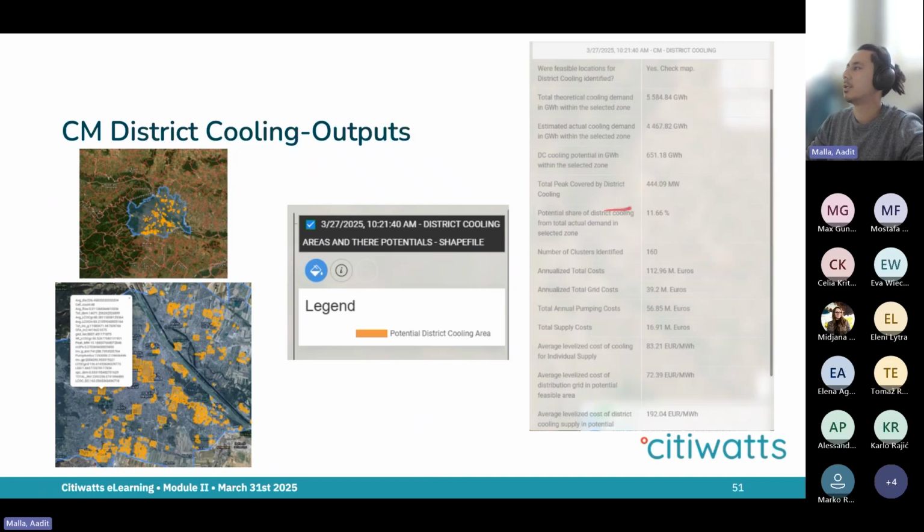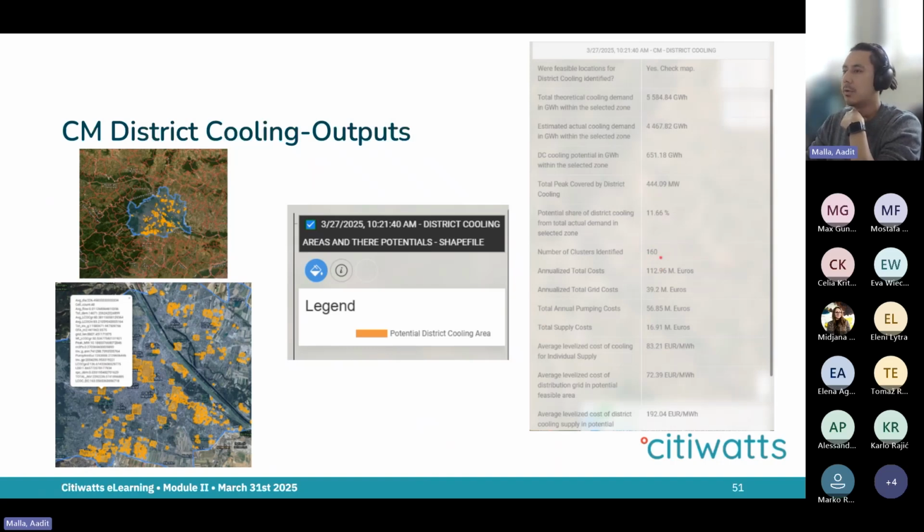On the right here, you see the indicators that are available on the platform. Rather than being for each of these individual locations, these are more of an average for the overall region under evaluation. So you start with the cooling demand, the potential percentage of demand coverage by district cooling, and how many clusters or potential locations are identified, which is 160 here, which is much higher.